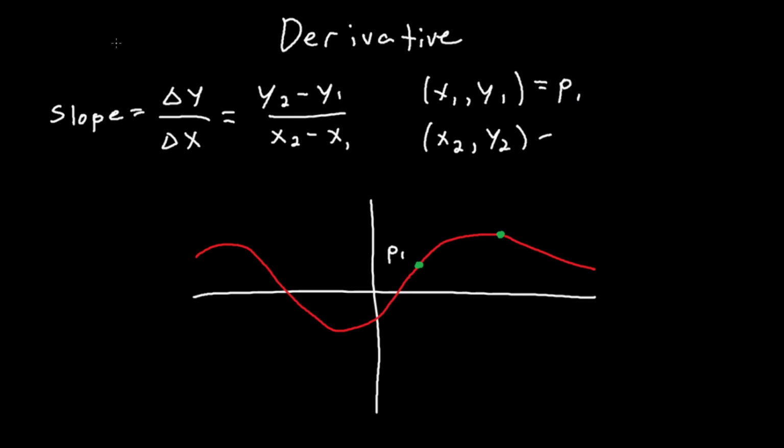So this is p1 and this is p2. Now, the slope between these 2 points, y2 minus y1 over x2 minus x1, is represented by a straight line. There's a straight line between these 2 points, and you can calculate the slope between them using your slope formula. But what is a derivative?